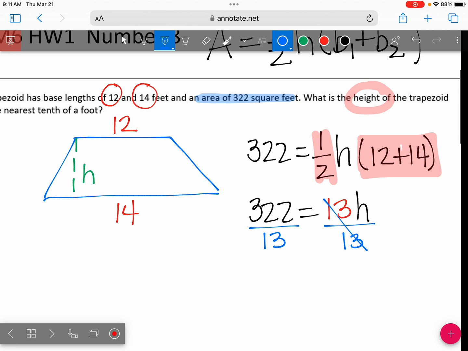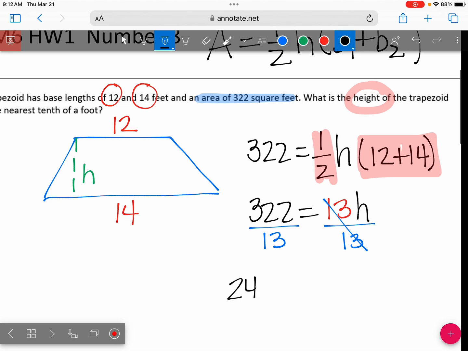All right, what is 322 divided by 13? What'd you get, Gladys? 24. Anybody else get 24? I don't have a calculator, so. Nobody else got 24? Oh, it's a decimal. So you got 24 point what?